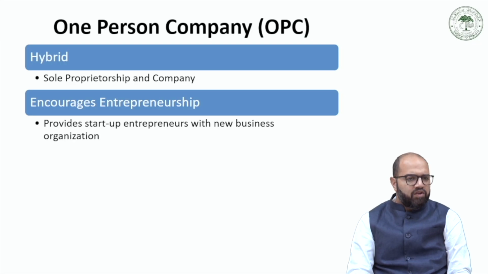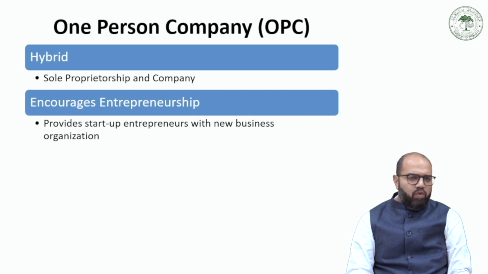Now, generally, for large public companies or private companies, the degree of control that the promoters have may be less as compared to a sole proprietorship, in which there is full control of the proprietor.